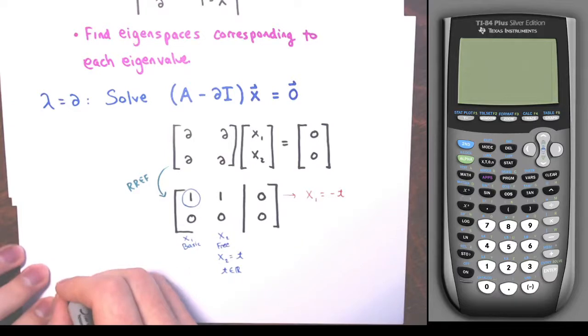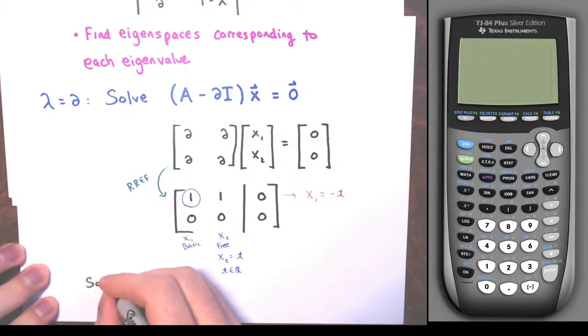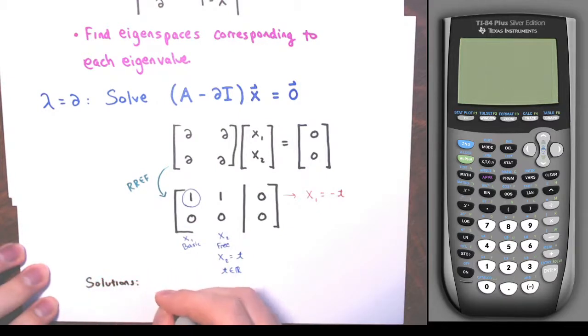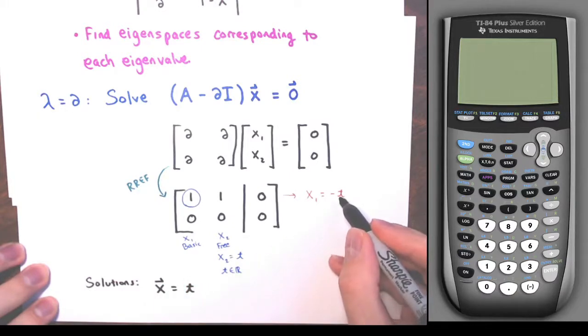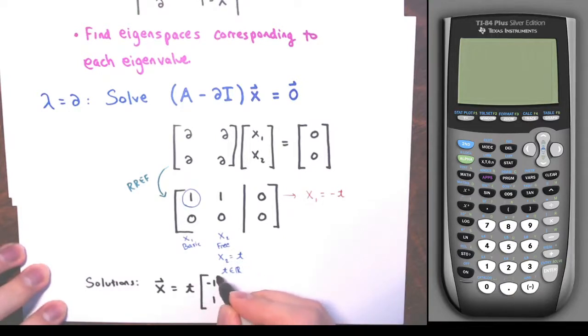So the solutions to this equation, A minus 2I times x equals 0, are the following. There's only one free variable, t, and x1 is -1 times t, x2 is 1 times t, so x is t times the vector -1, 1. So there's an eigenvector corresponding to lambda equals 2.